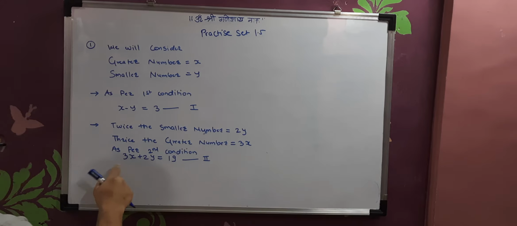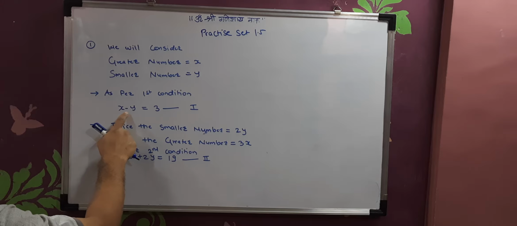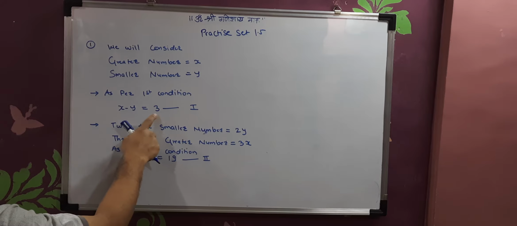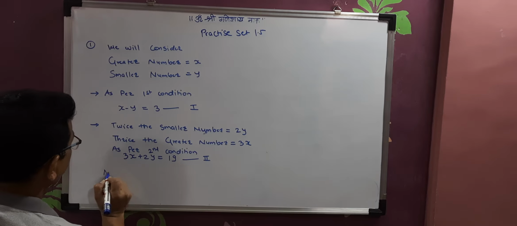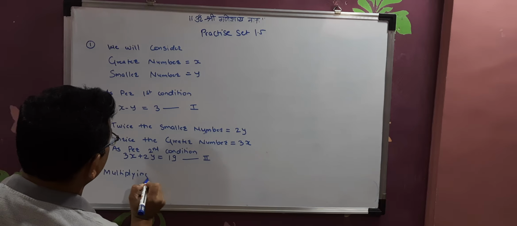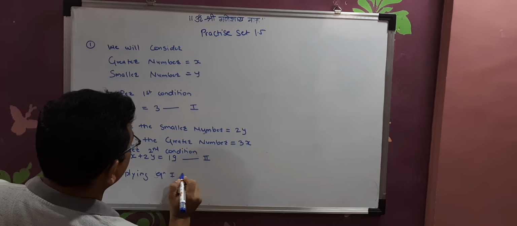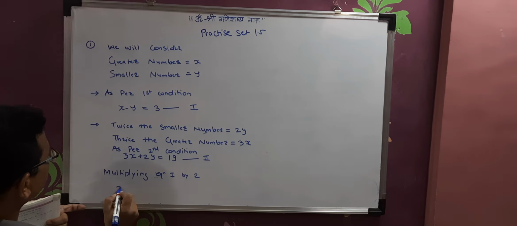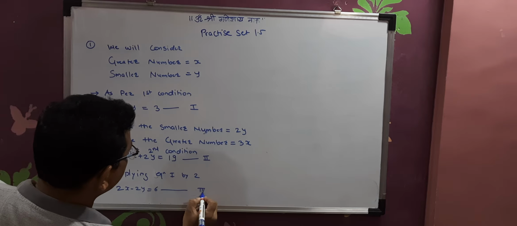So you have to make the y coefficient common. If we multiply the first equation by 2, the equation becomes 2x minus 2y is equal to 6. This is equation number 3.